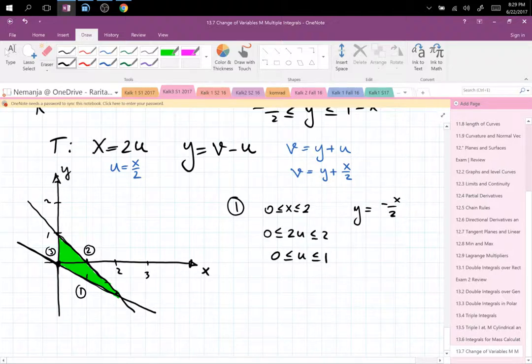On the other side, we know that y is v minus u equals, and x is 2u, so negative 2u over 2. So we have v equals to 0.